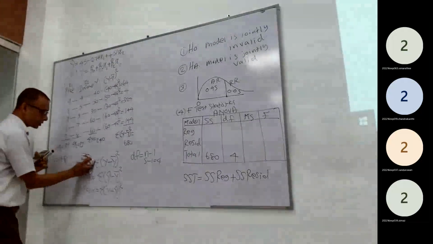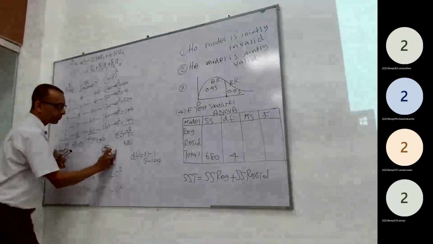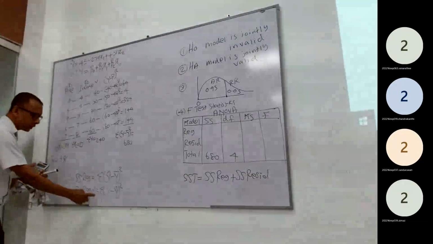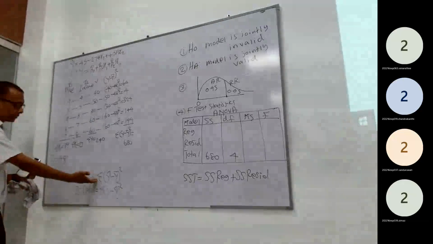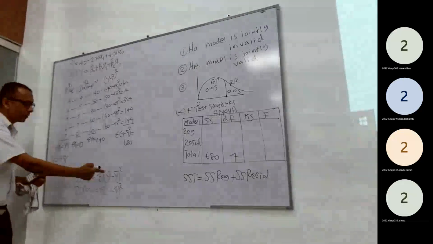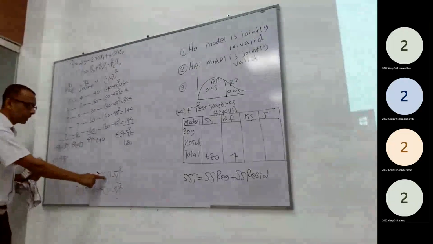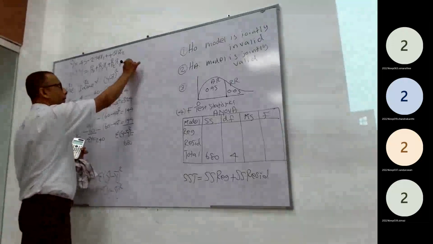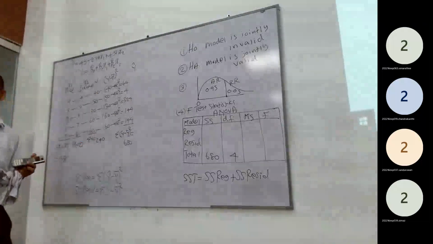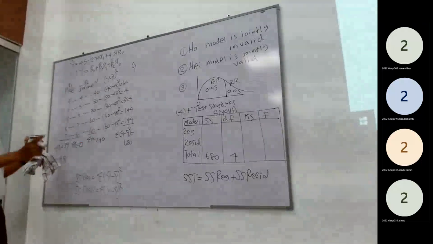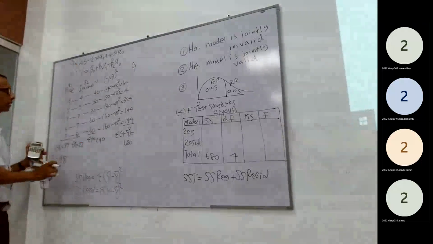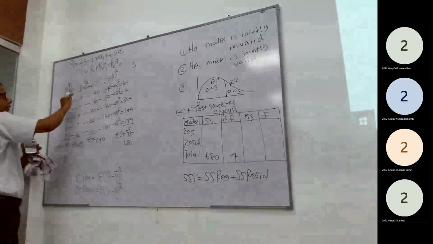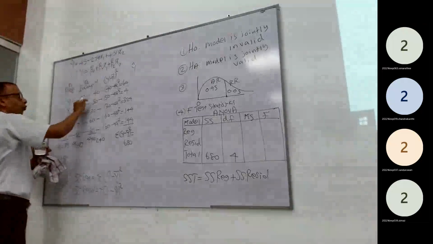SST is finished. Now, of these two, calculate one. We have y bar 48. Now I calculate y hat. Y hat is my model. I want to take y hat for x1 9, x2 4.